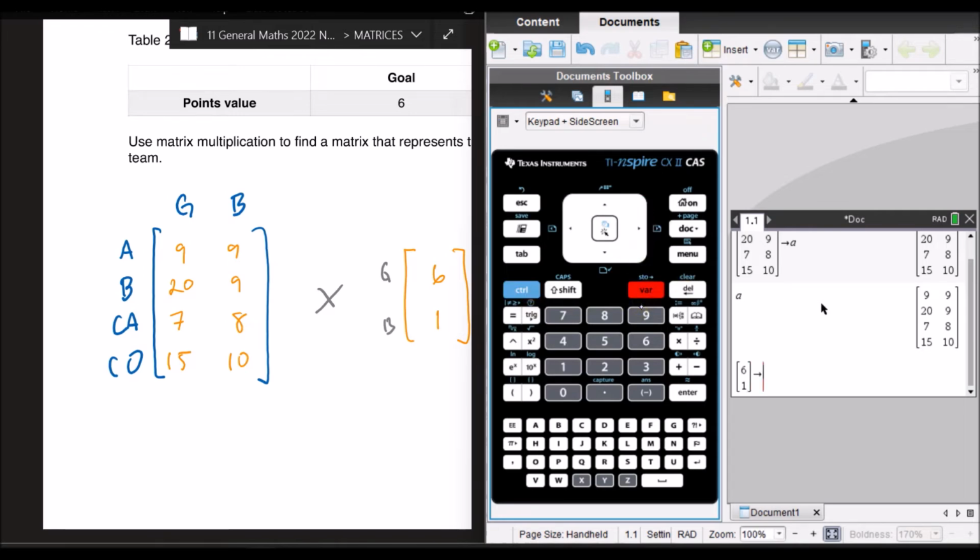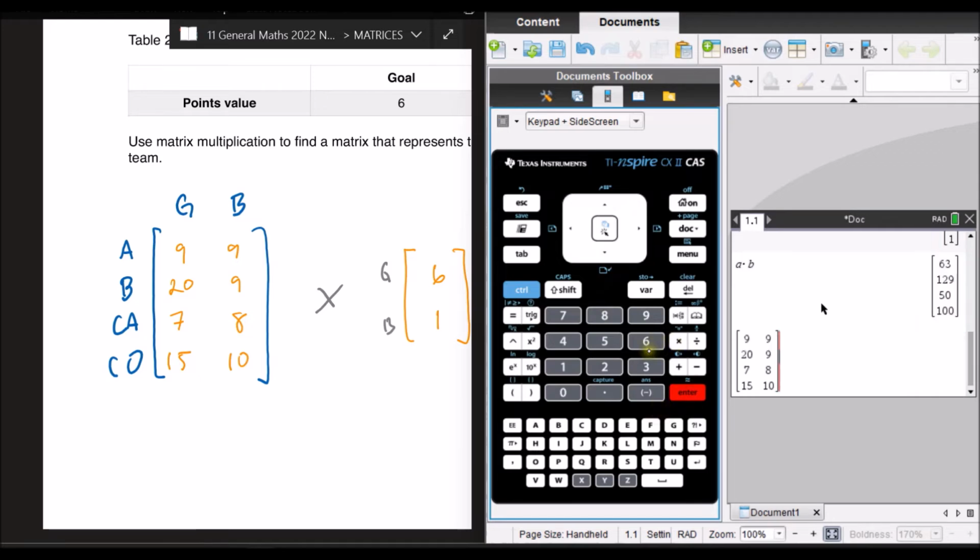Control VAR, and let's just call this B. Doesn't matter. Okay, so I've got my 2 matrices now, yeah? A and B. So there's matrix A, and there's matrix B. And so now, all I'm doing is multiplying the 2 matrices together. So A times B. If you're really lazy, though, and you didn't want to label it, what you could do is just highlight the matrix, press enter, and it appears.